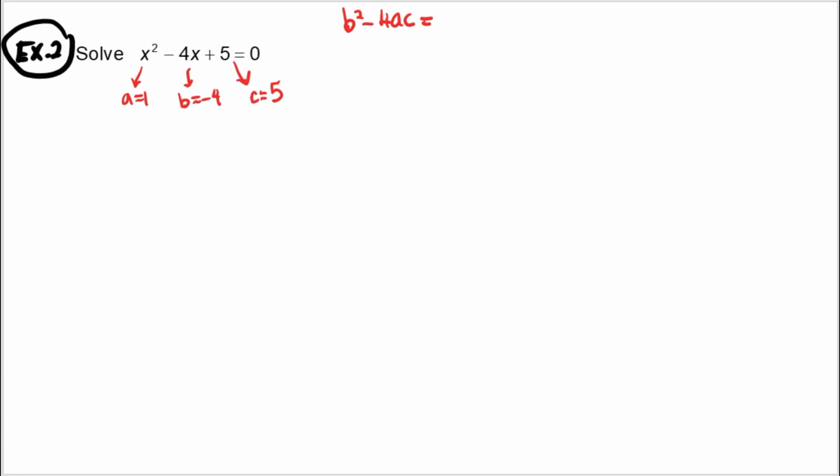And we have b, which is negative 4 squared, minus 4ac. a is 1 and c is 5. We'll have 16 minus 20. This is actually negative 4, which is less than 0. We have the case where b square minus 4ac is less than 0. Therefore, we will have a complex root.